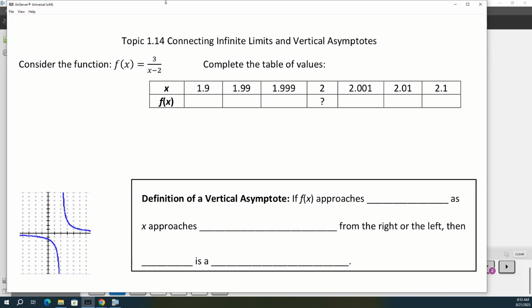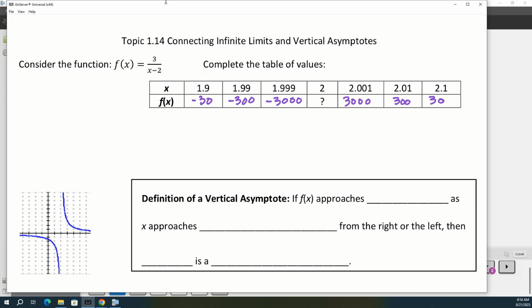So what do you guys think is happening at x equals 2?